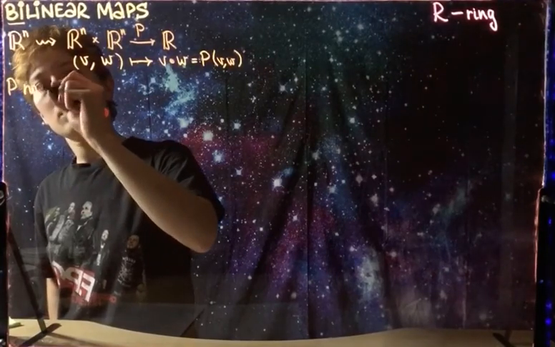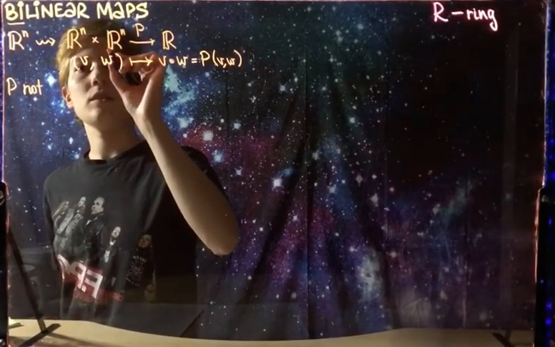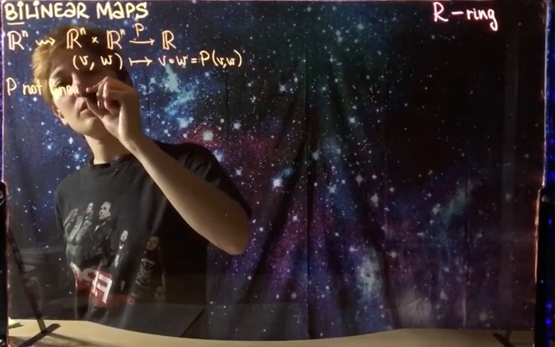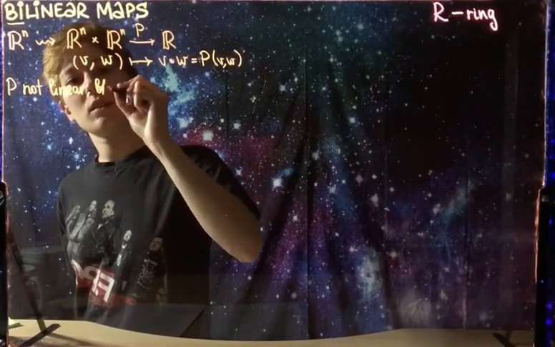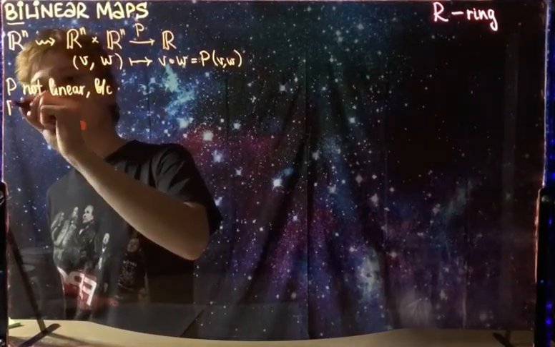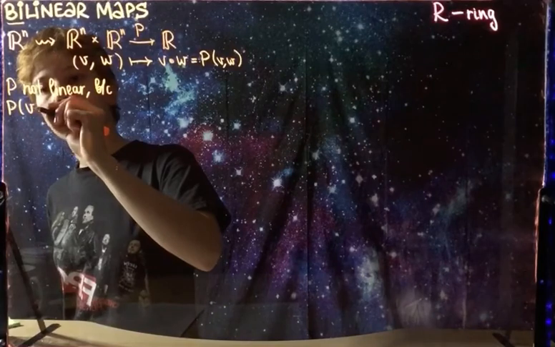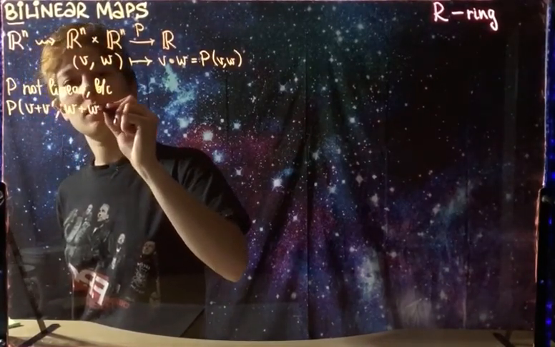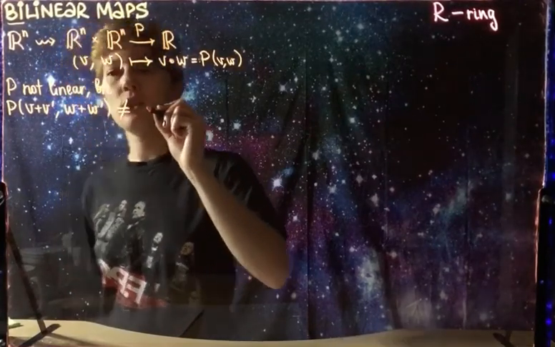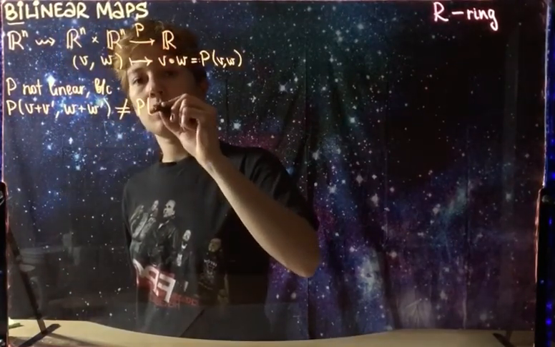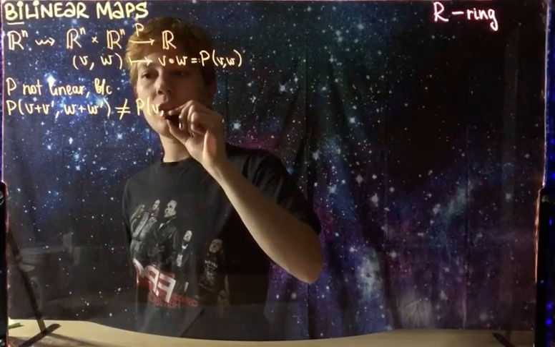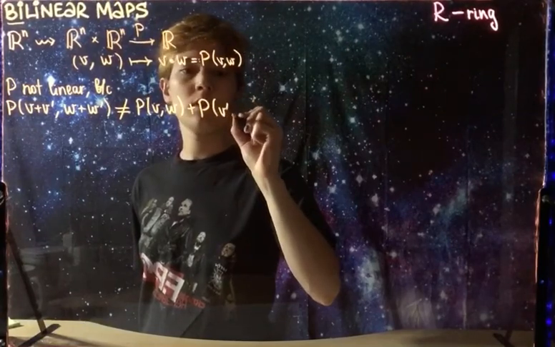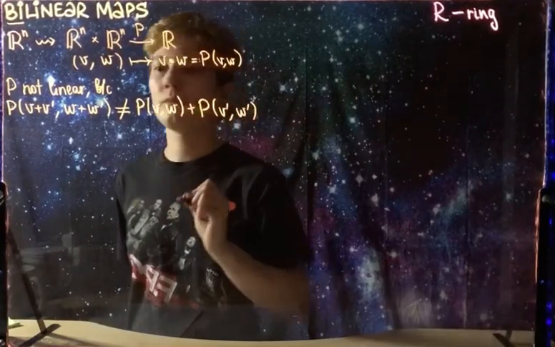P is not a module homomorphism. It is not R-linear because P of (v plus v prime, w plus w prime) is not equal to P of (v, w) plus P of (v prime, w prime).